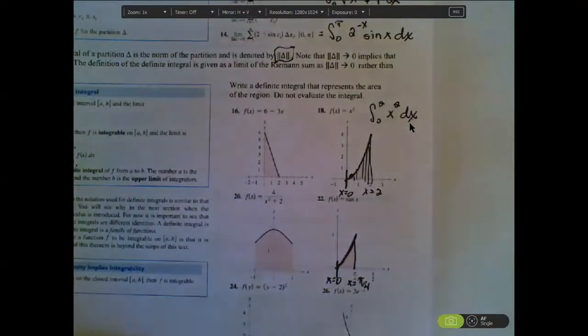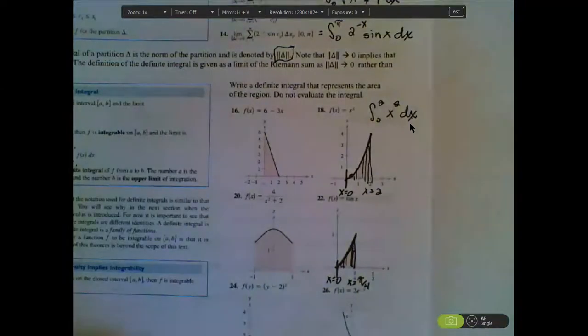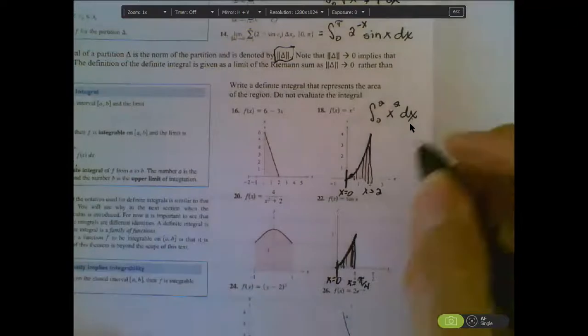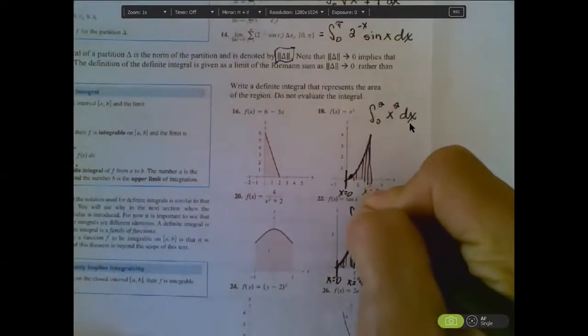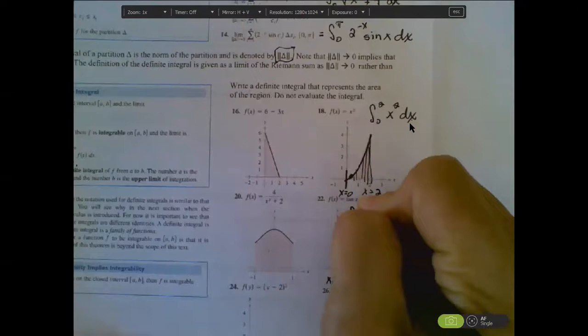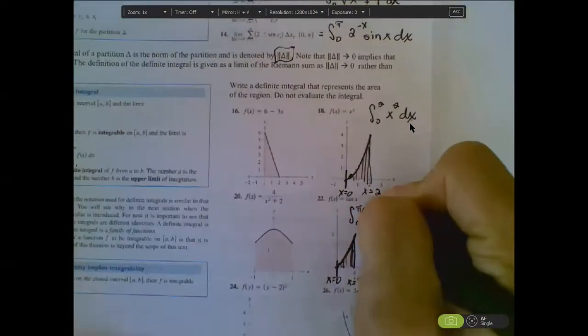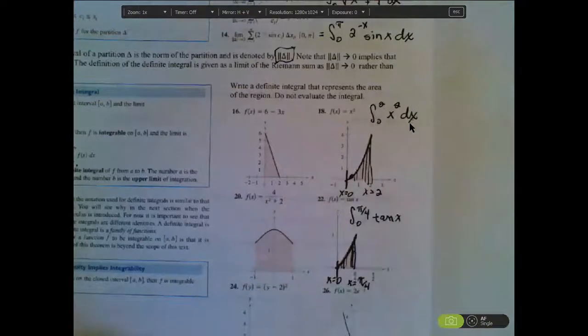Miss Grace, can you give me the definite integral that would give me that area? From 0 to pi over 4. Tangent x times dx.